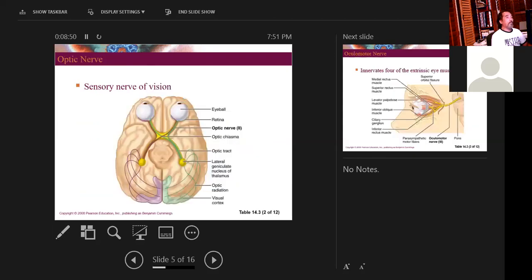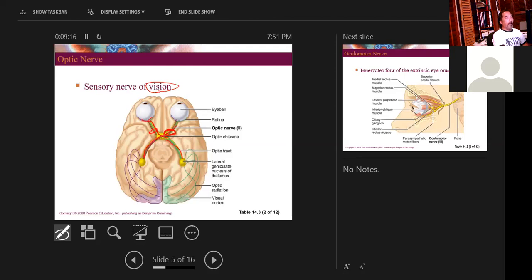Cranial nerve 2, optic nerve, is vision. What hole? Optic canal. So the hole where they pass through is called the optic canal. The nerve comes from the eyeball, the retina. This is the optic nerve, and they become a chiasma or a chiasm. And then after the chiasm they become a tract.